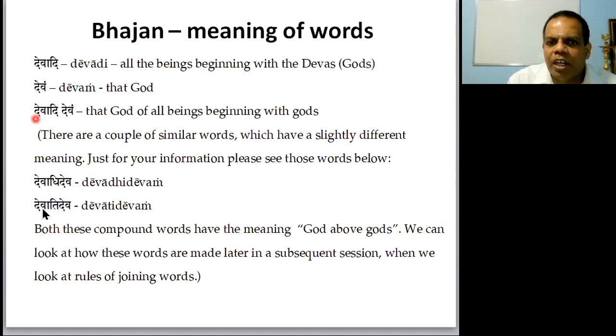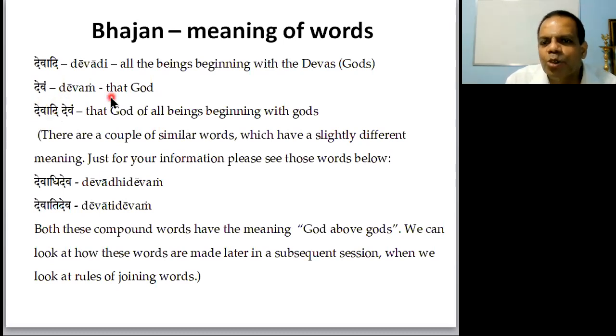Yes, if equivalent, it will be devadi, devam. In the same context, if we want to use it, yes, you are right. It's good that it's missing, so I could discuss that. He and him: deva and devam, same meaning. God, to that God.